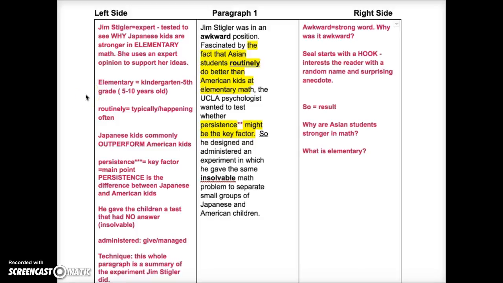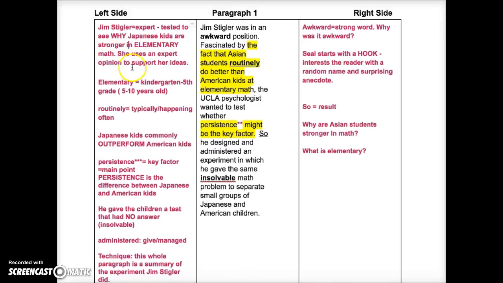This is where her writing actually starts. Jim Stigler was in an awkward position, fascinated by the fact that Asian students routinely do better than American kids at elementary math. The UCLA psychologist wanted to test whether persistence might be the key factor. So, left side. Jim Stigler, I know he's an expert, and I'm summarizing what he did. He tested to see why Japanese kids are stronger in elementary math.